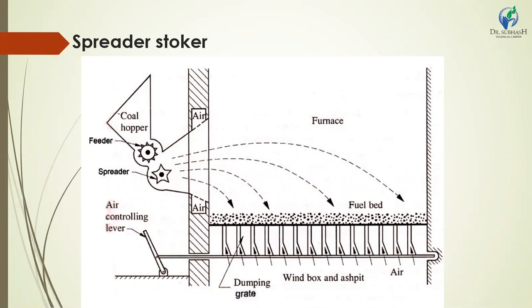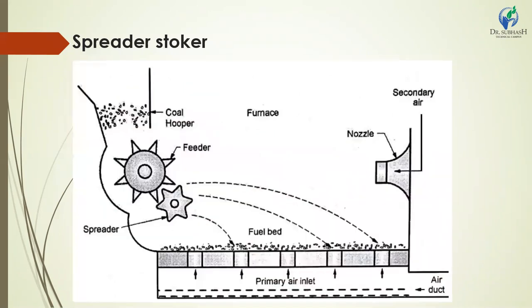The finer coal particles burn in suspension and coarser particles are consumed on the grate. A forced draft fan is used to supply the required amount of air through grate openings. A portion of the air is used to burn the fuel on the grate, the remaining is utilized to burn the volatile matter and fine particles in suspension.